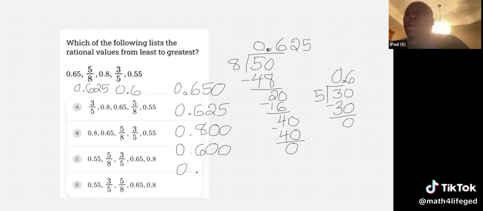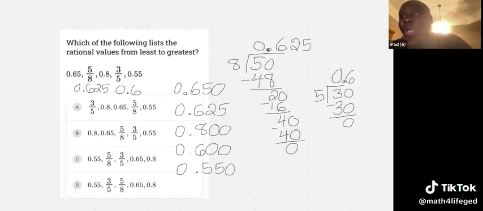So now I can compare all the decimals, right? From least to greatest. When I look at all of them, this is 650, 625, 800, 600, 550. So the smallest one is 550. So I can put a 1 next to it. 550, right, is the smallest one.